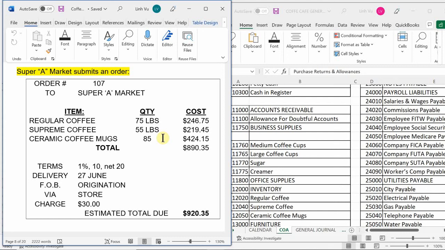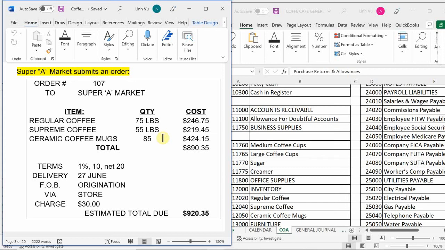If I owe somebody something, what do we call that? Accounts payable. Not accounts payable. That's when we owe to vendors. Is Super A Market a vendor? No, it's a customer. Yes.